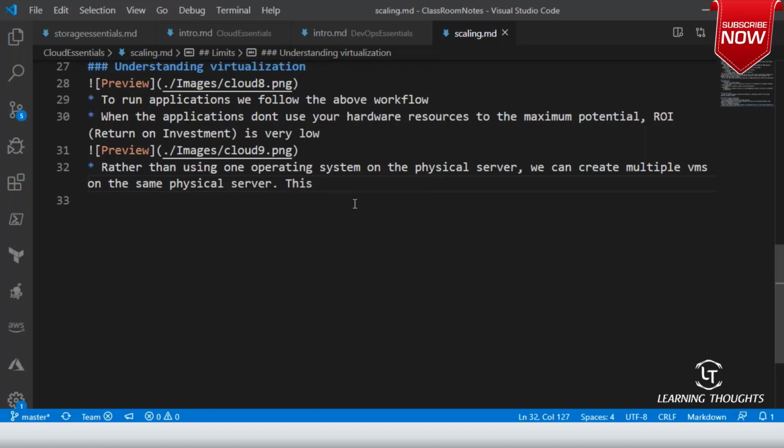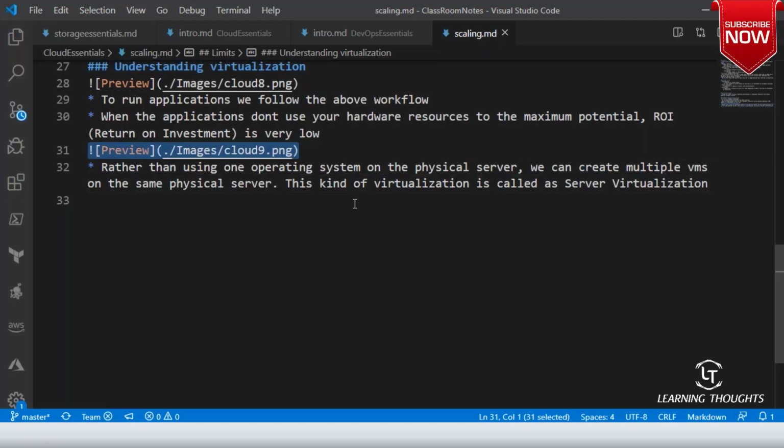And remember, this kind of virtualization is called as server virtualization. Okay. So now let me try to get into the server virtualization.